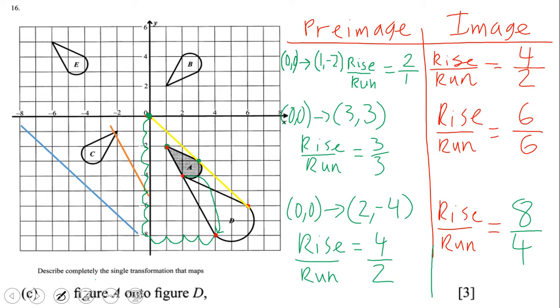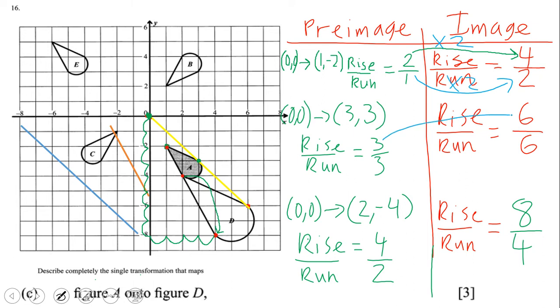Now we're trying to figure out what the scale factor is. So the question is, how do we move from 2 to 4? You multiply by 2. How do you move from 1 to 2? You multiply by 2. Very good.